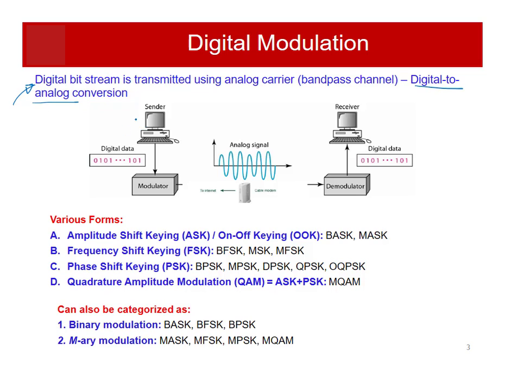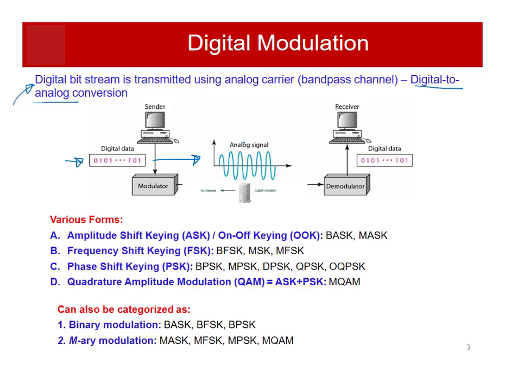A very beautiful block diagram is given here. Let's say your sender is a computer, of course. A computer stores all the signals in the digital domain, so everything is digital in a computer. So you have a digital bit stream like this one, which is a combination of 0s and 1s. Now you want to transmit this over a long distance, so you have to modulate it. You are modulating this digital data into an analog signal.